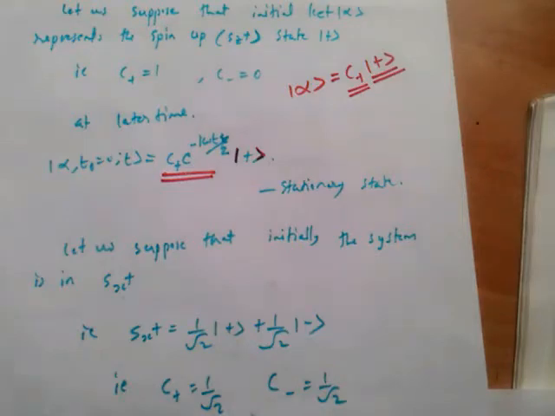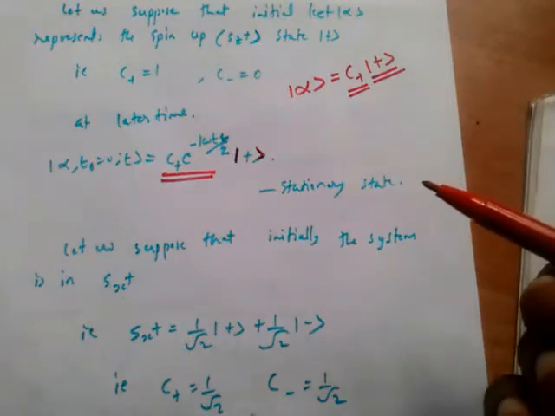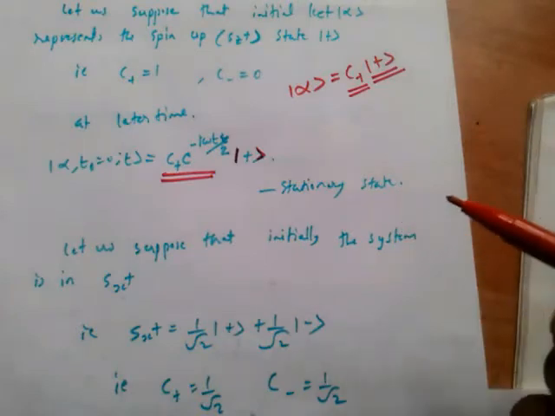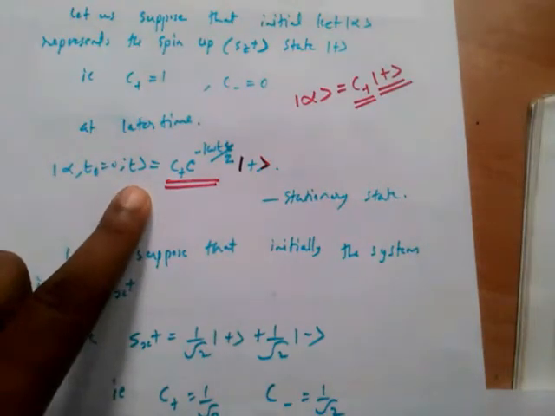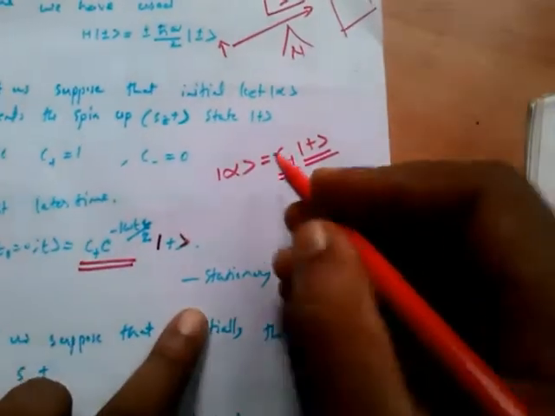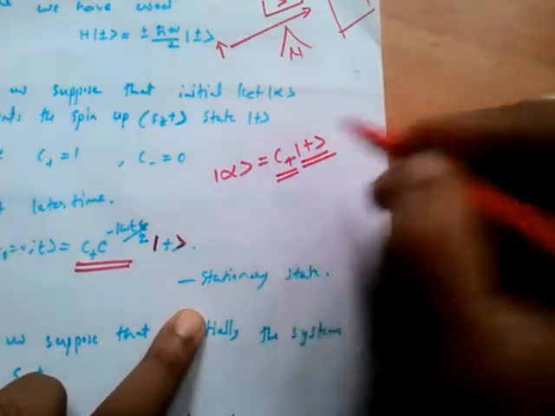In time dependence of expectation values also, we have taken a single state and found that at later time that state will not change, and that's why it was known as a stationary state.